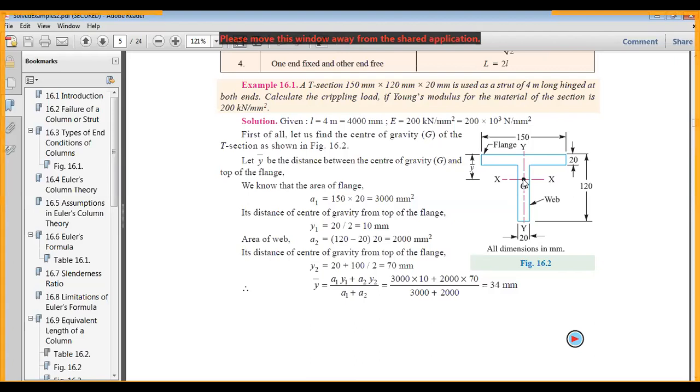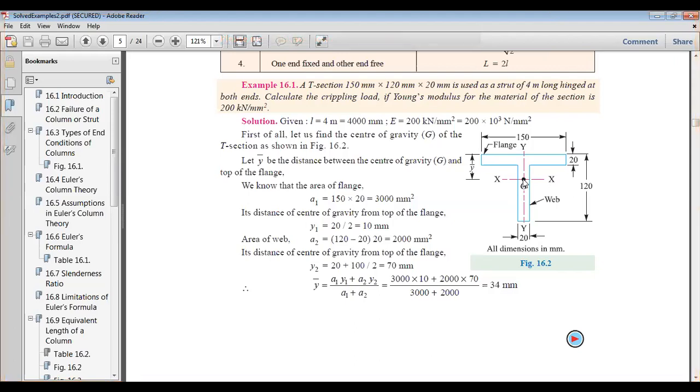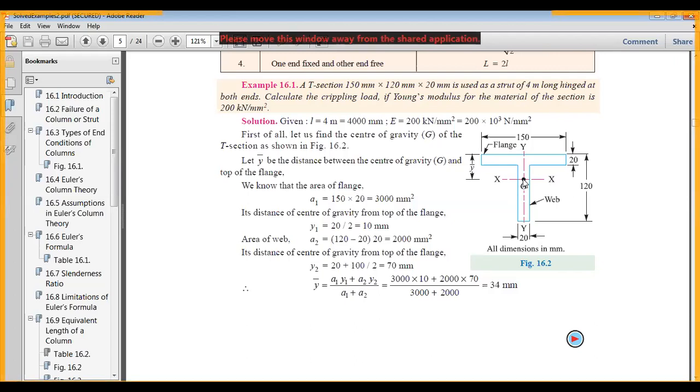So we will have this point G, through which the centroid or center of gravity of the whole body will pass. First of all, we have to find the centroid, and we have already calculated it in the case of moment of inertia. So we are not going to calculate the moment of inertia and centroid again. The centroid is 34, y bar is 34.